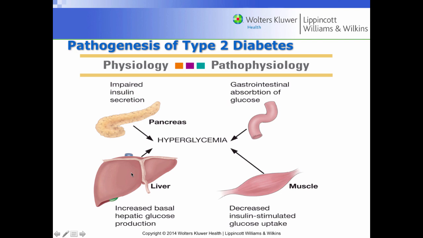Now, there's a consequence to this. The liver, which also is insulin resistant, because it can't take up glucose, actually thinks that you're in a fasting state or a starvation state. Okay? Because the liver has become insensitive to insulin and it can't take up the glucose, it actually thinks that you are in a fasting starvation state, and it starts to break down stored glycogen and release glucose.